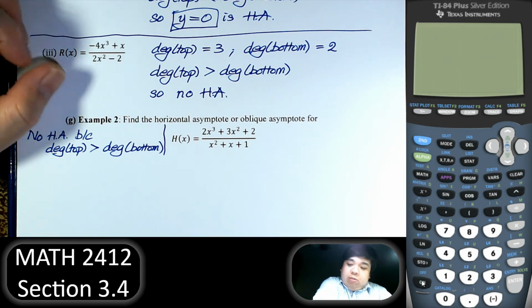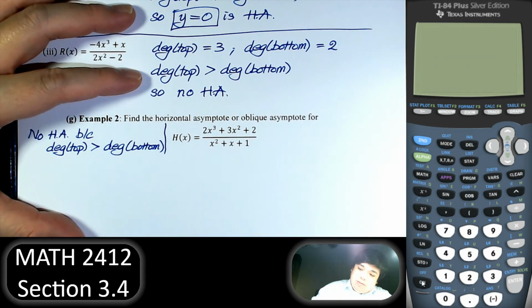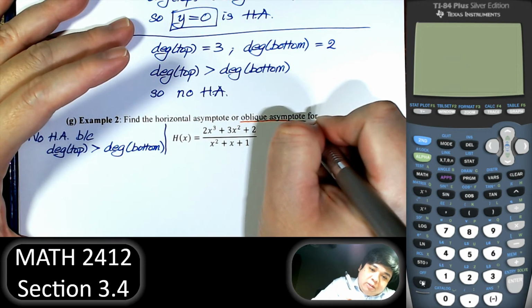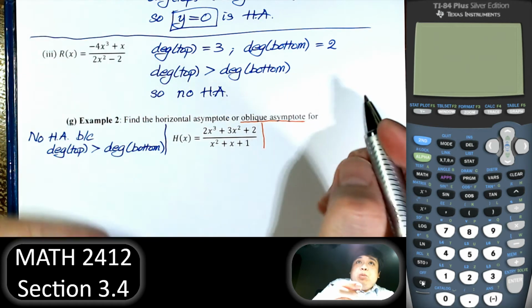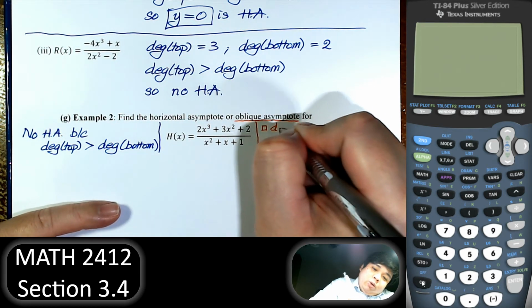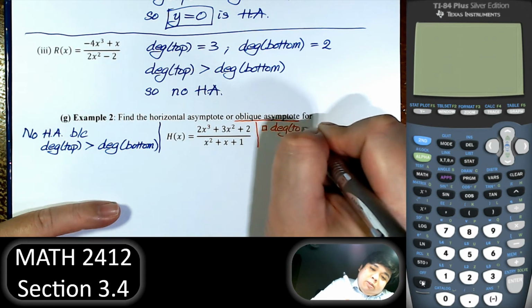Next, the oblique asymptote. There will be a special case and quite a few things. First, we require the degree on top to be 1 more than the bottom.